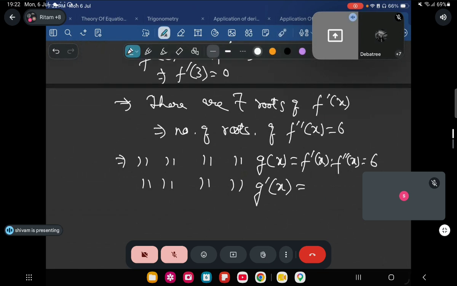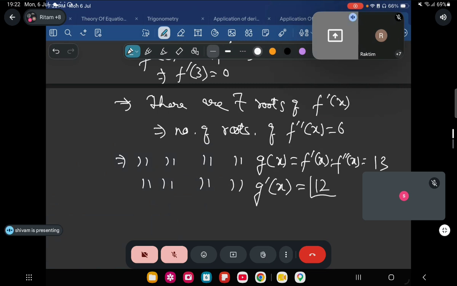Okay, g of x is equal to f dash x into f double dash x. Somebody said 6. Who said 6? Raktim: Sir, I said 13. Oh, okay. Maybe 13. So how many roots will be there for g dash x? Tell me, everyone. Well, 12.